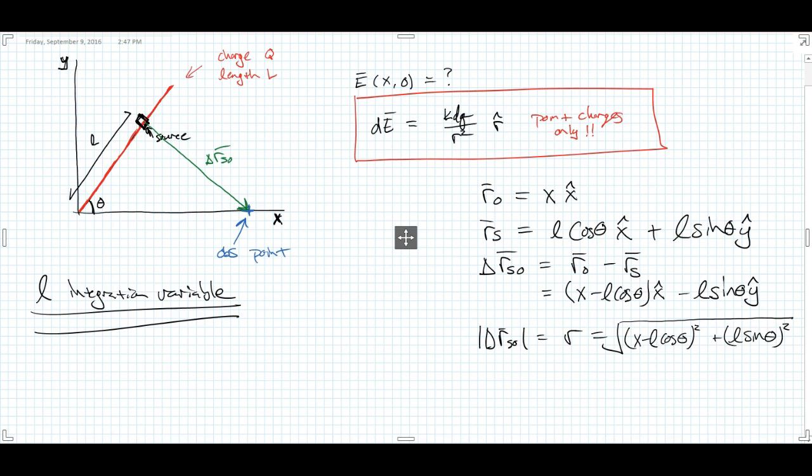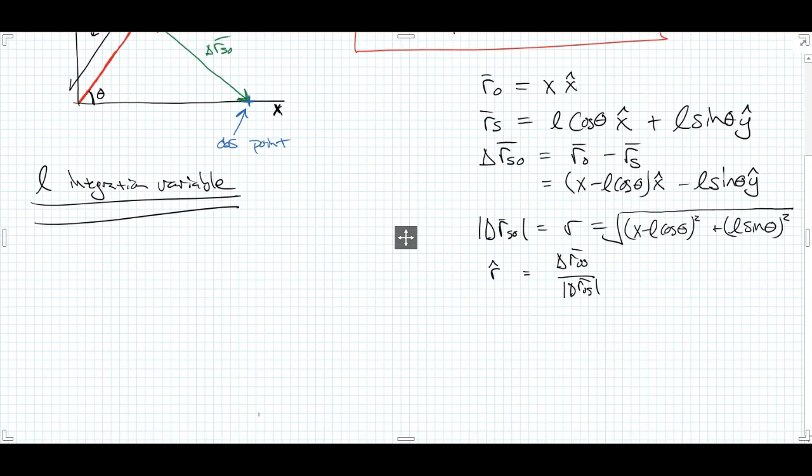There we go. And r hat then is going to be the displacement vector divided by its magnitude. There we go. So I'm going to put it all together now.